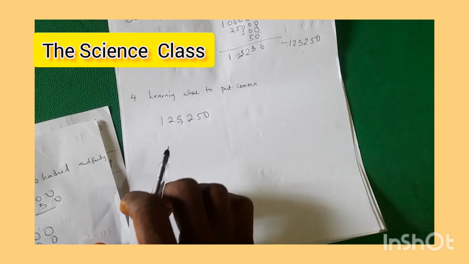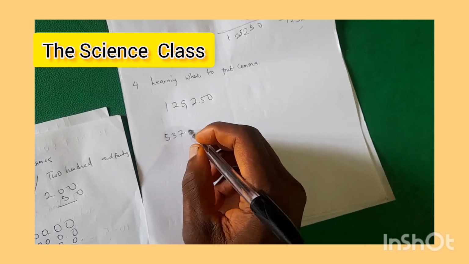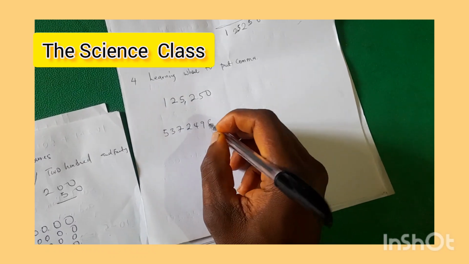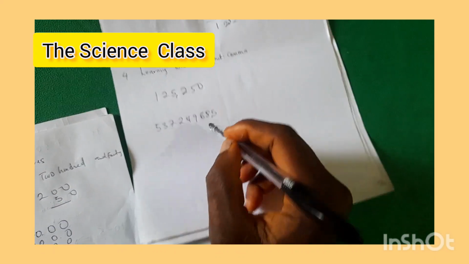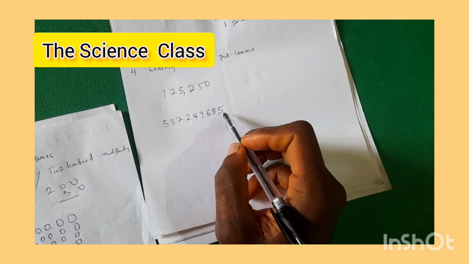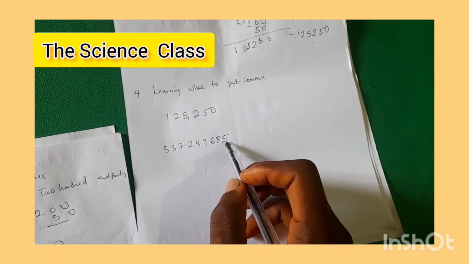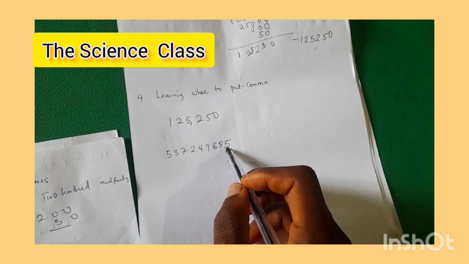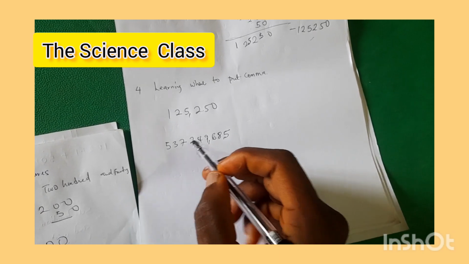This is 125,250. If you have a very, very large figure like 537249685, you understand? So you count from your right 3 numbers, 3 digits, then you put your comma. 1, 2, 3, comma, 1, 2, 3, comma.